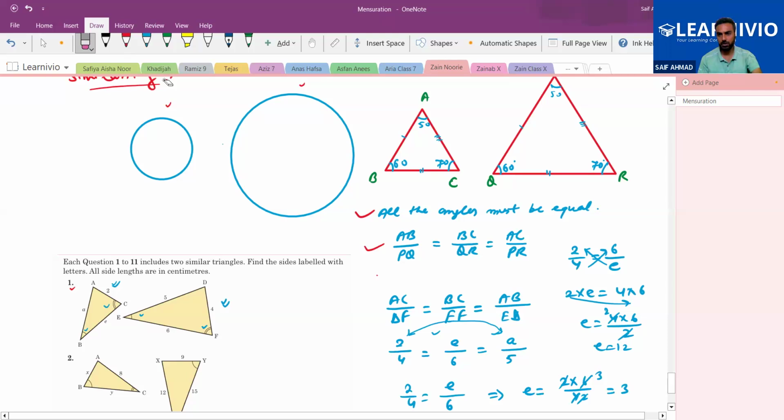Should I erase it or do you want to note it down? I want to write it down. Okay, note it down, but this is not part of the question.